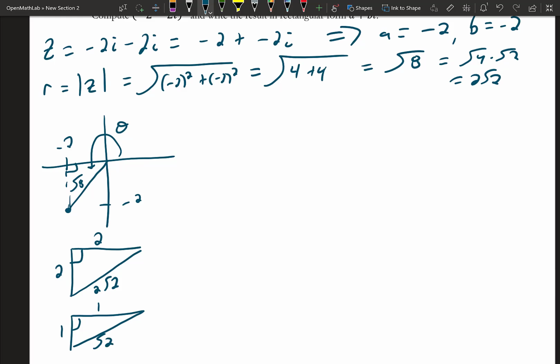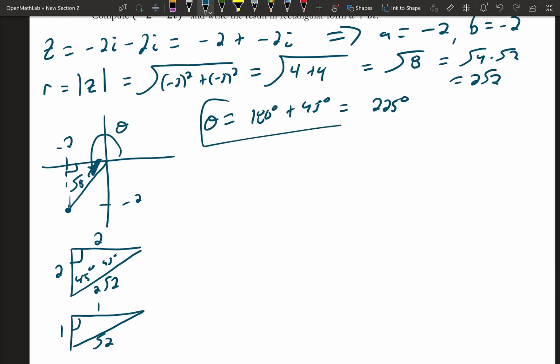That's one of the special right triangles that we've been working with, and that's when these angles are 45 degrees. So since I know those are 45 degrees, theta is going to be equal to 180 degrees plus 45 degrees, because this part here is 45 degrees. That would equal 225 degrees.